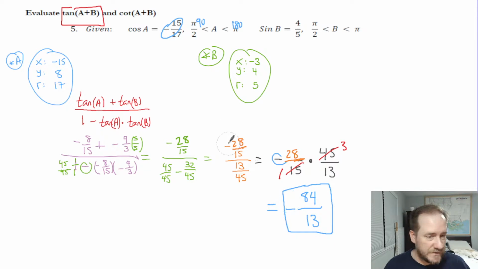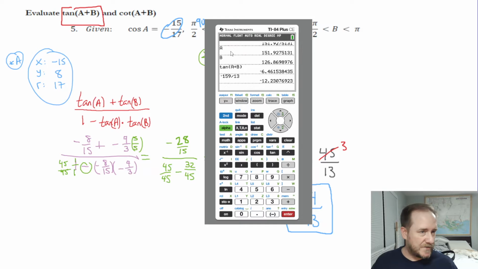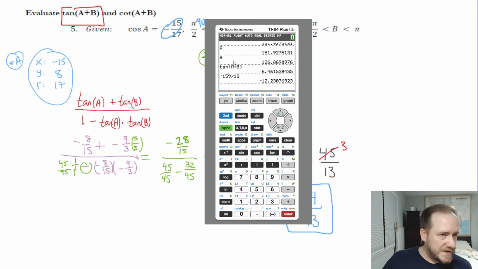And then let's check and see if that's right. Okay, bring back the calculator. I left the A and the B's up, so if any of y'all were trying to actually do what I was doing, where we solve for angle A, solve for angle B, and then evaluate tangent of A plus B, you should be finding that angle A was 151, blah, blah, blah.